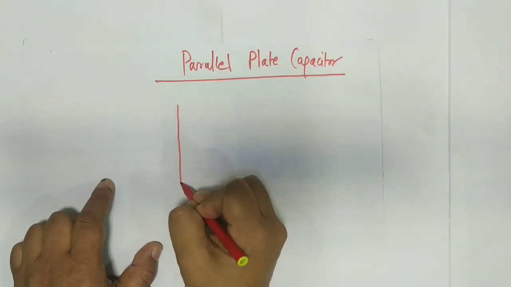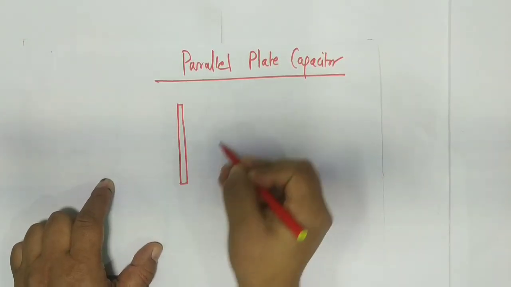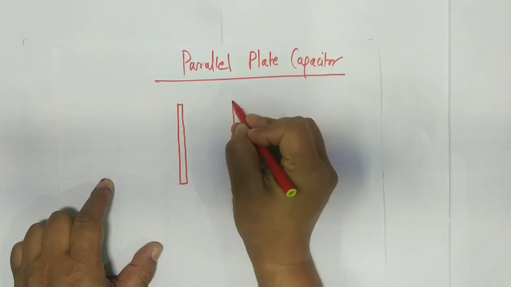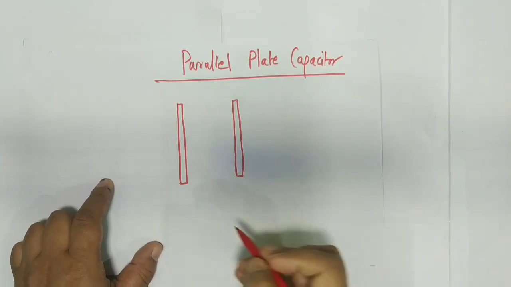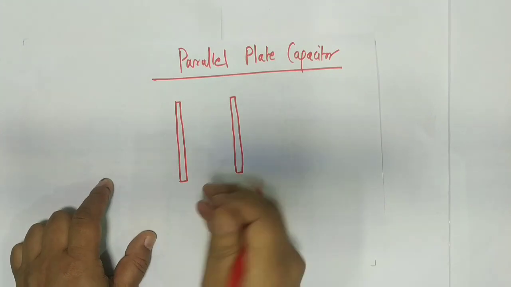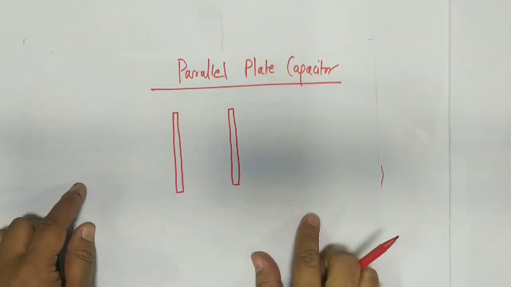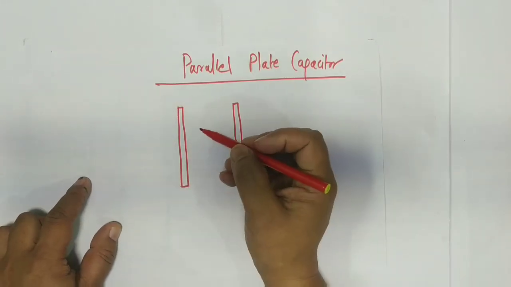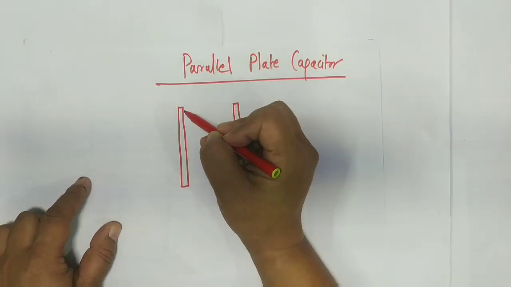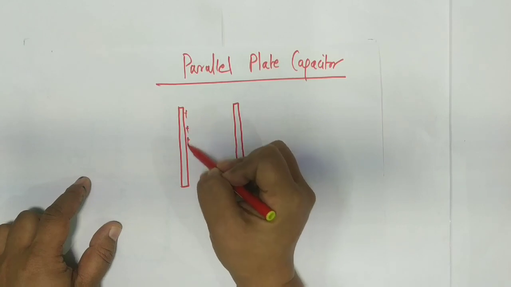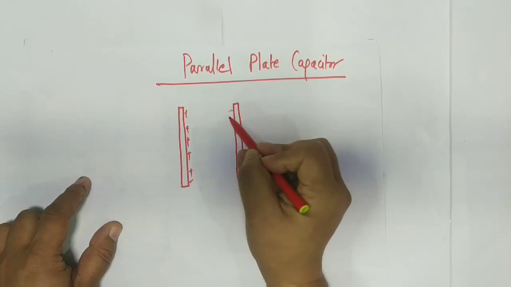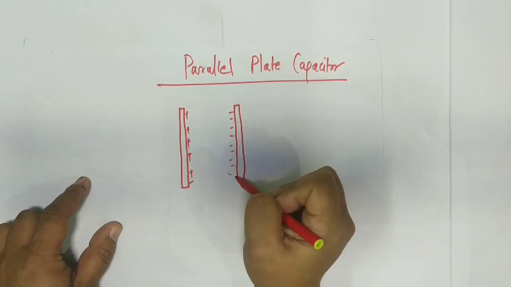You have two plates like this, like I gave you the principle of the capacitor. One plate has a positive charge here, and the other plate has a negative charge.